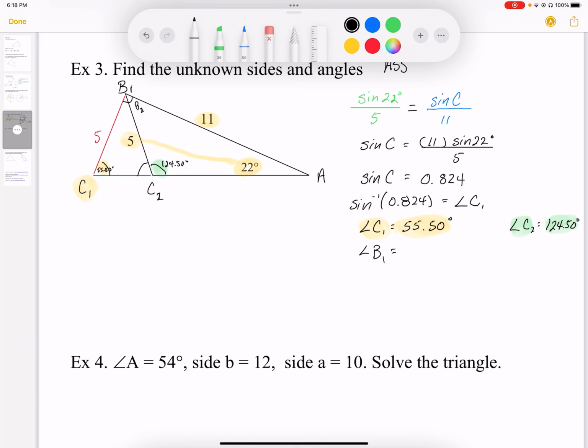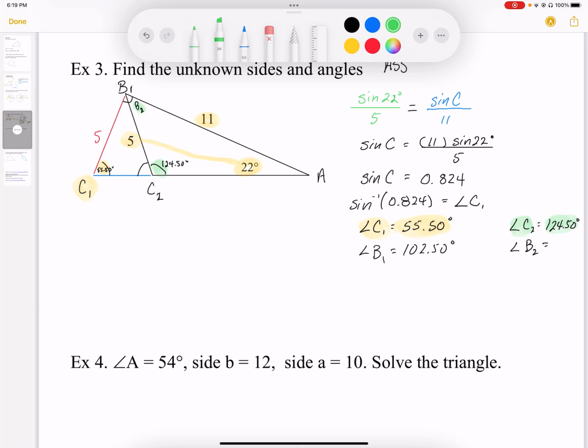Okay, so then I can calculate angle B based on this, adding 22 and 55 together and subtracting that from 180 degrees. So I end up with 102.50 degrees. That's for B1. And then angle B2 in the smaller triangle, and this one I can highlight a little bit better.